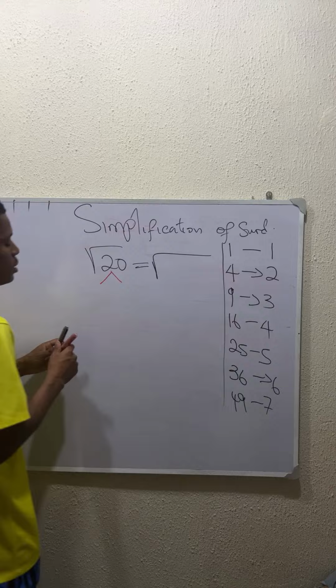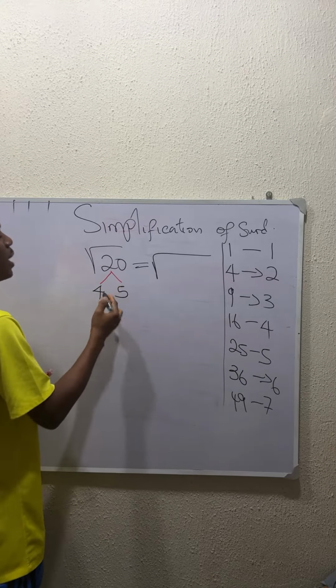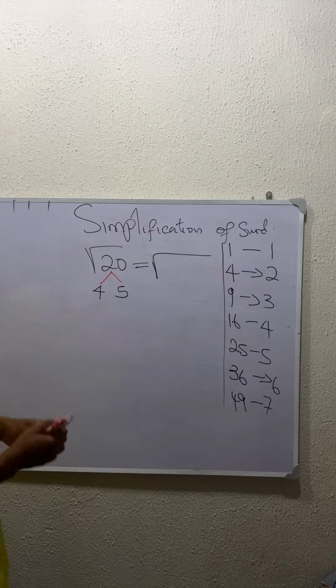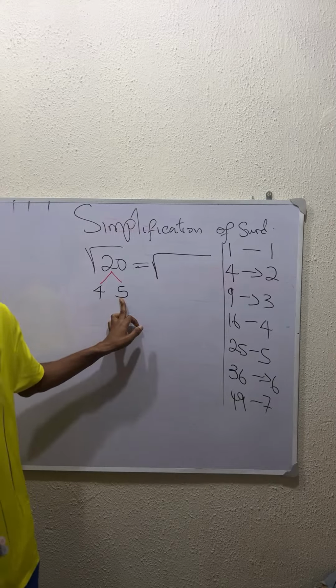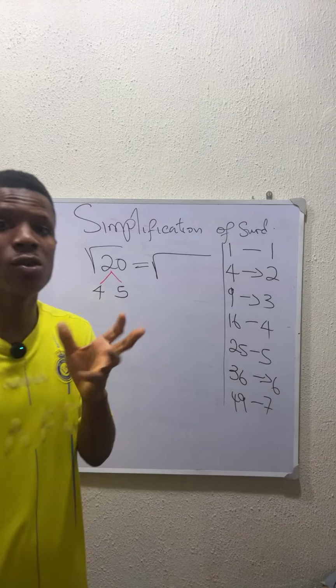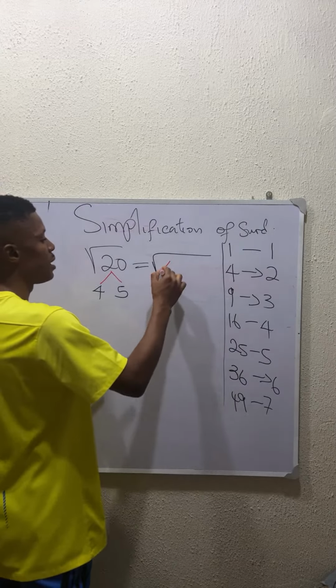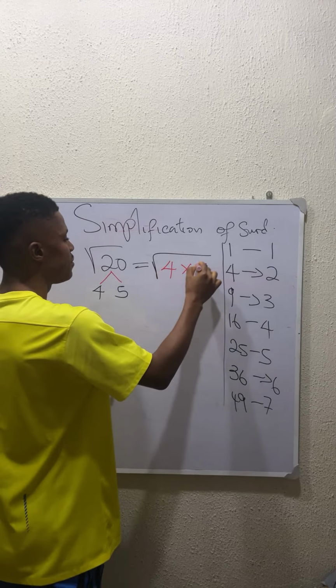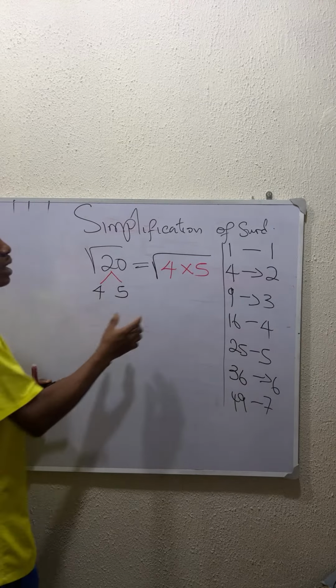So if you look at 20, when you multiply 4 and 5, you are getting 20. But 4 is a perfect square, and 5 is not a perfect square. So these are the two numbers you are going to use. You can write this as the product of 4 times 5. Then the next thing you do is to split the terms.